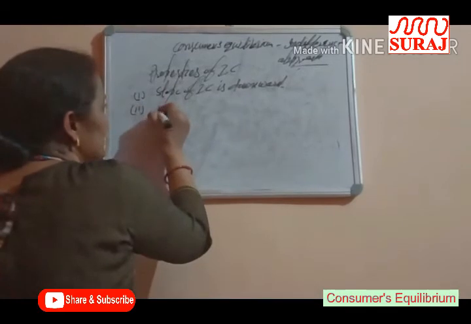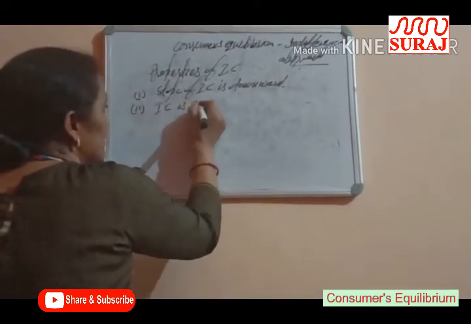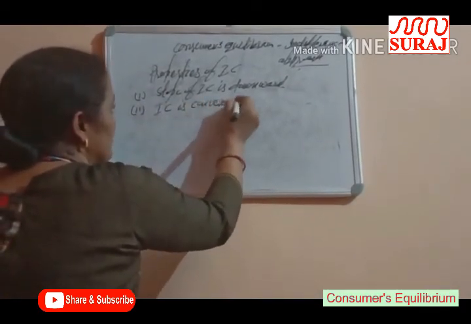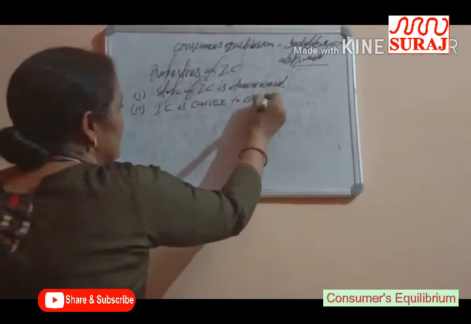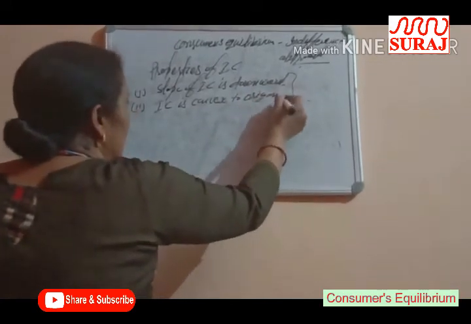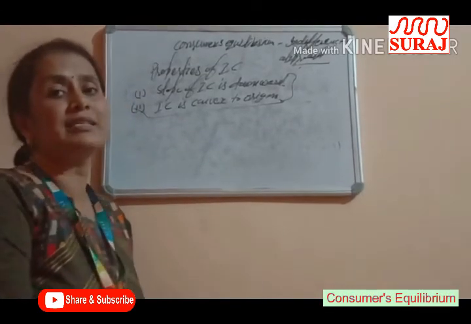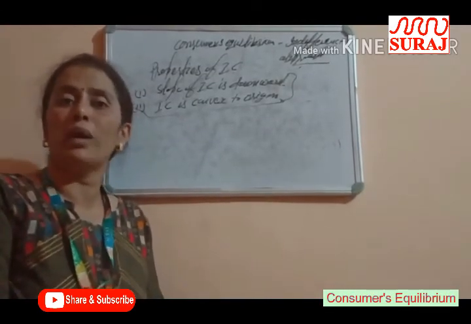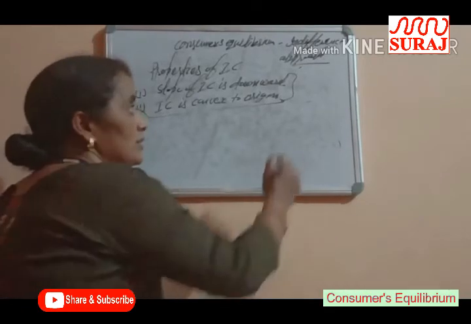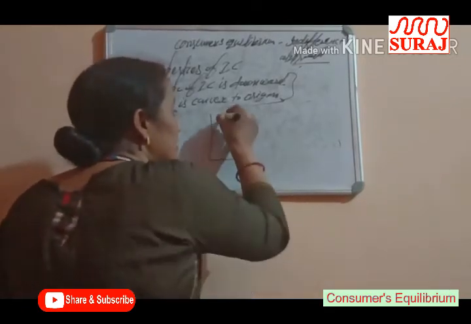Then second, IC is convex to the origin. We learn about these two properties of IC. The first is that the IC slope is downward.